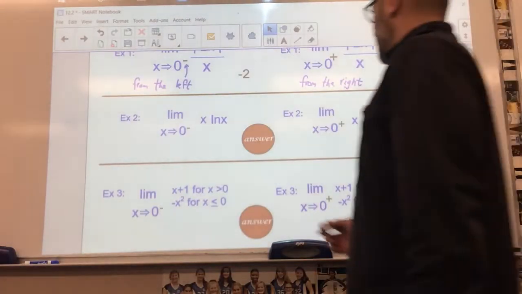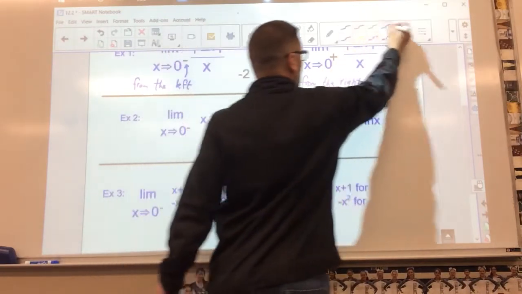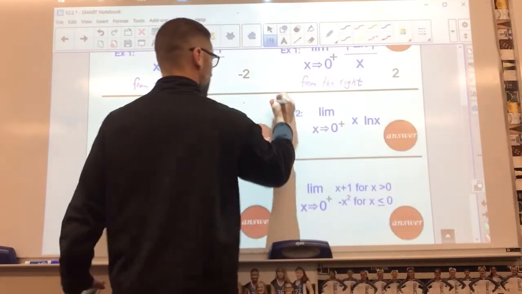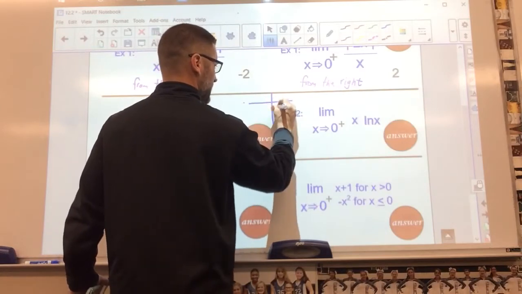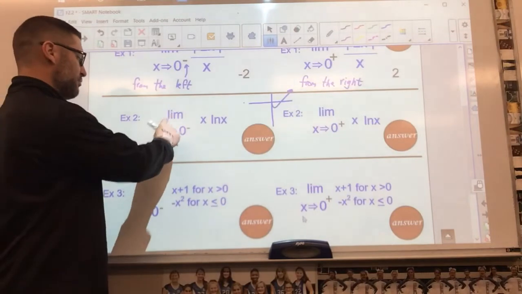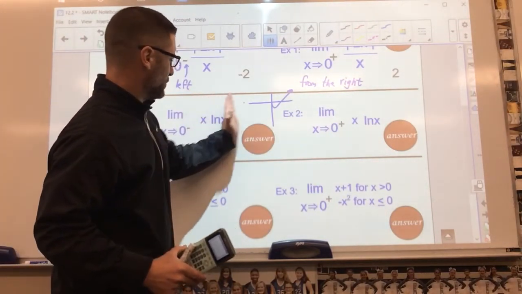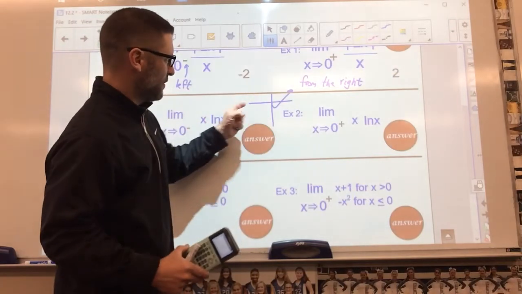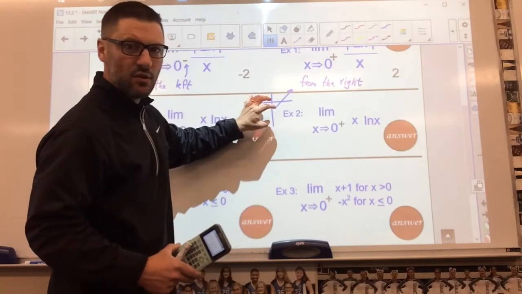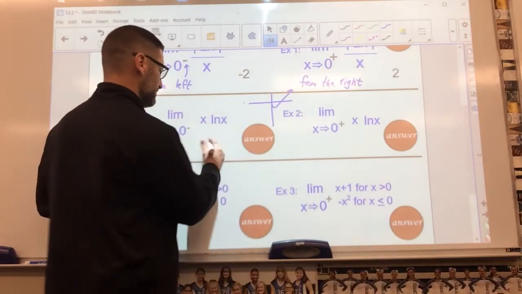And what I get is a graph that starts here and looks almost like a Nike swoosh, goes out like that. So let's approach x from the left. If I approach 0 from the left, I get nothing. There is no graph. So approaching 0 from the left, the answer is DNE.